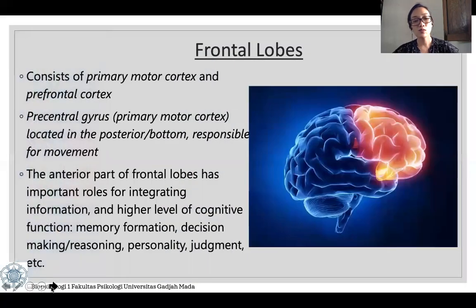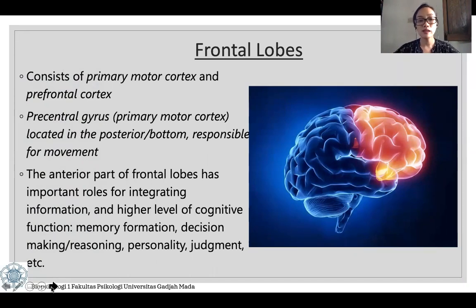Following that, the last one is the frontal lobe, containing the primary motor cortex and the prefrontal cortex. It extends from the central sulcus to the anterior limit of the brain. Yeah, it's located here. And the posterior portion of the frontal lobe, the precentral gyrus, is specialized for the control of fine movement, such as moving your fingers. And the most anterior portion of the frontal lobe is the prefrontal cortex.